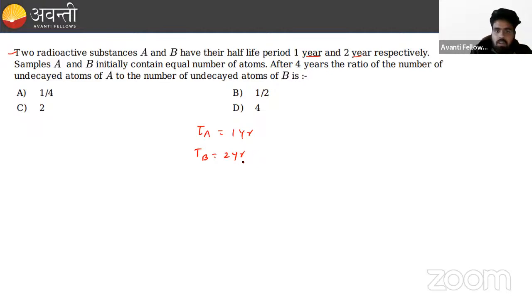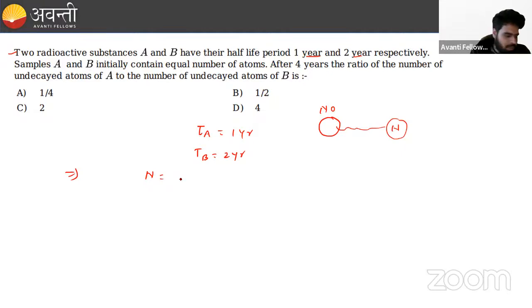What is the equation that governs radioactive substances? We can consider the original amount of substance as N naught. After some time of decaying, the remaining amount is N. So what is the equation?